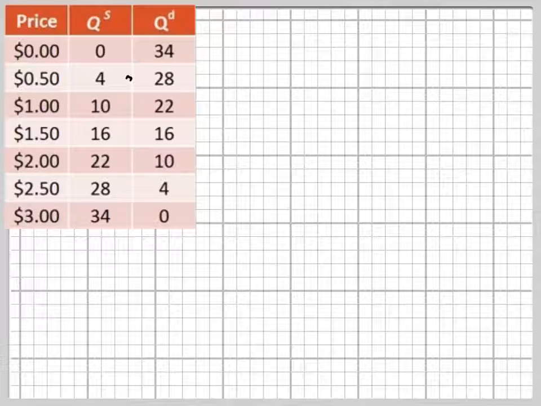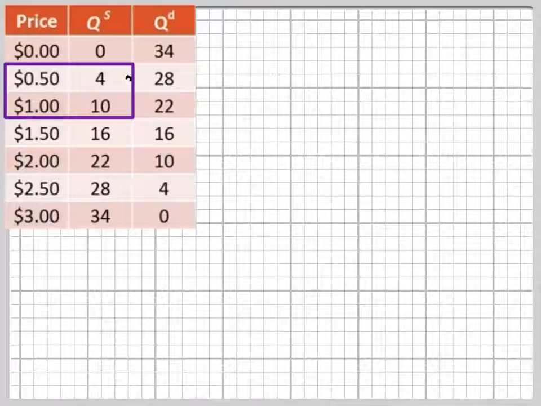And we're going to take 2 points on this supply curve. So let's take these 2 points.